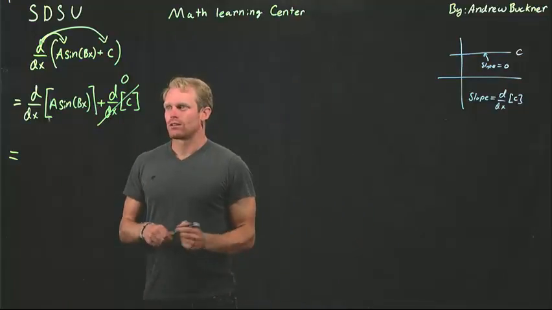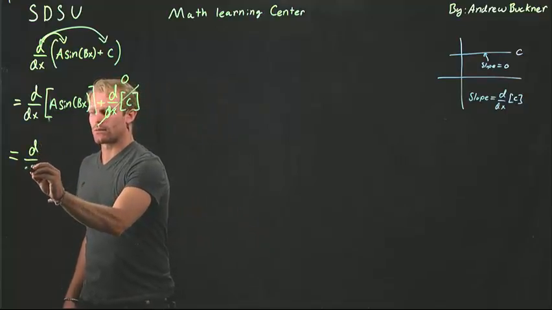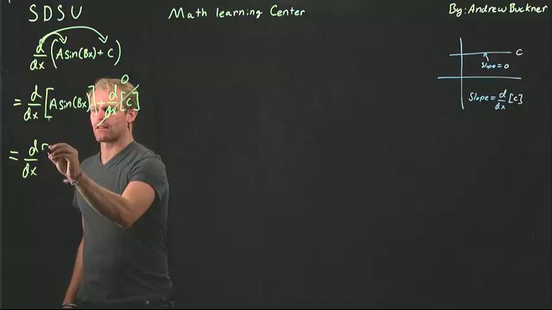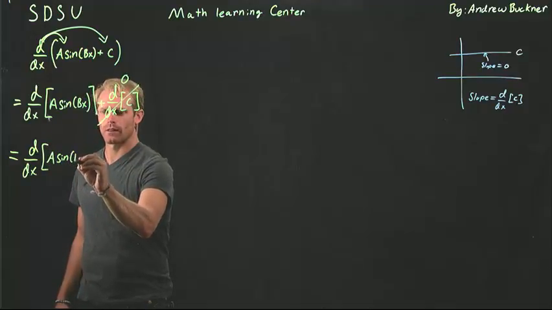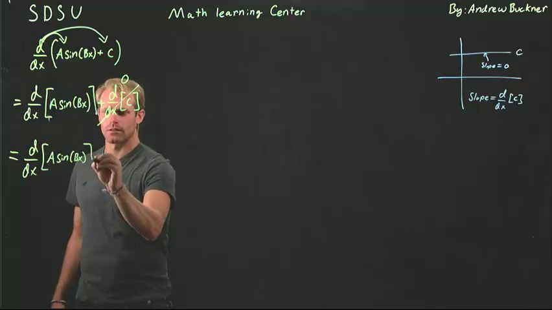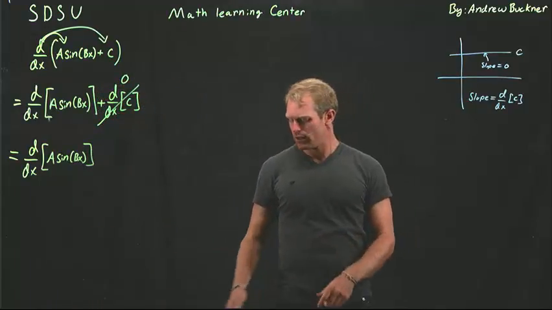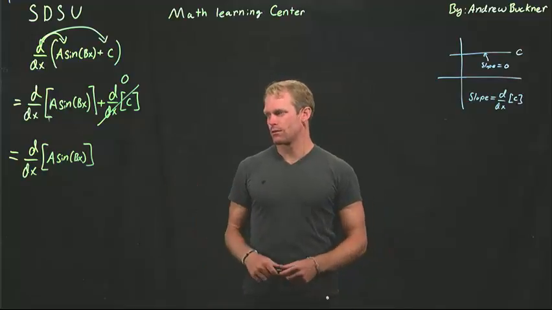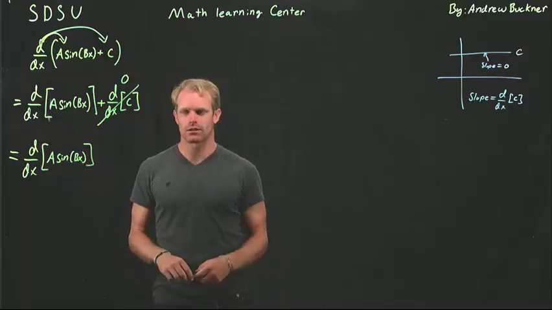So I can rewrite this now. I now have the derivative with respect to x of a sine of bx. And like we said, we're going to be using the chain rule here because we have a composite function, where we have the sine as a function, and then we have the bx as another function.